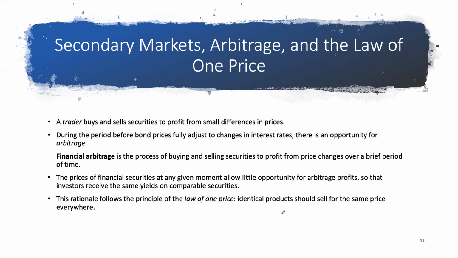So the price of financial securities at any given moment, especially in well-developed efficient markets, don't really allow for too much financial arbitrage. Very rarely are you going to find these kinds of arbitrage opportunities, but it's one thing to keep in mind when you're working with bonds and fixed income securities and bond pricing in general.